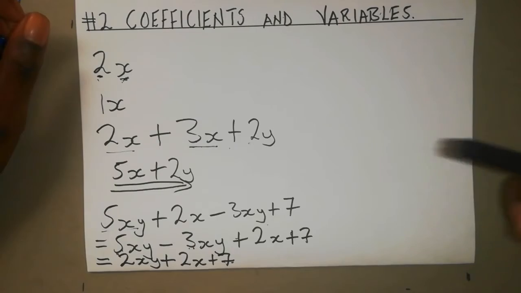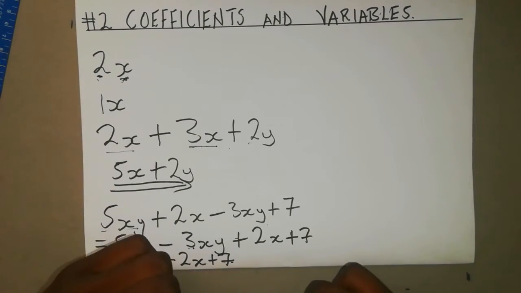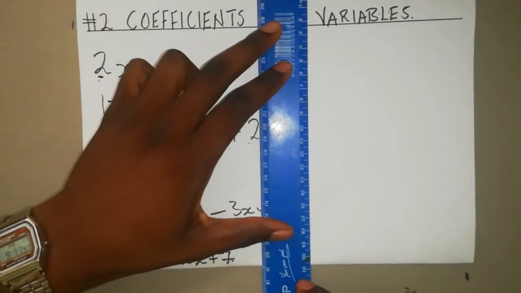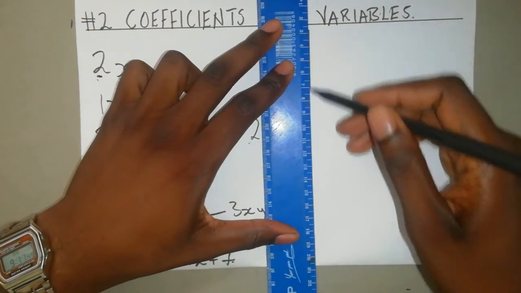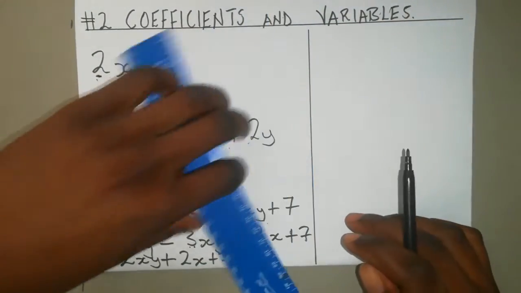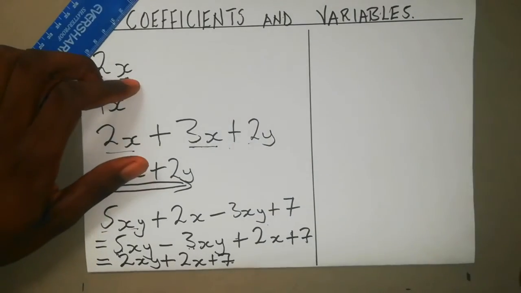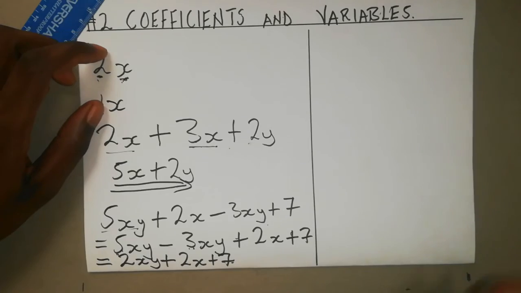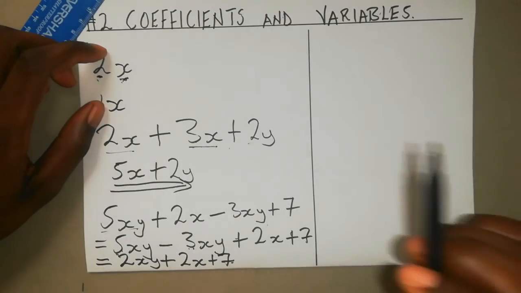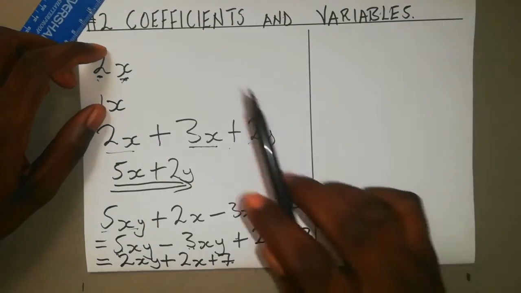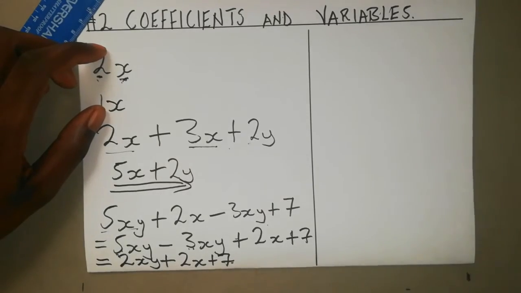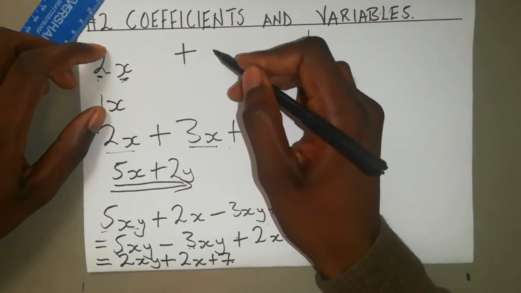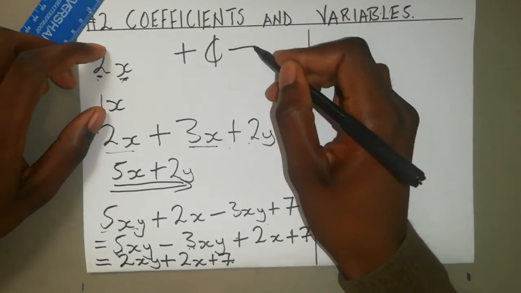Okay, guys, these are the concepts based on addition and subtraction. So let me try to divide here and move on to multiplication and division of these coefficients and variables. I want you to understand the main difference between these two concepts. The first one is for addition and subtraction.